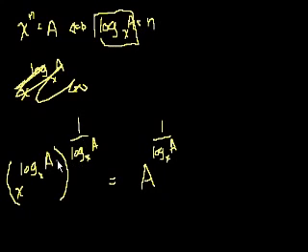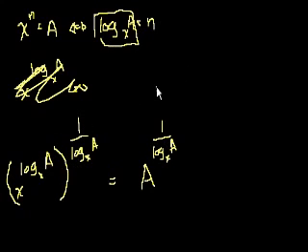If you're raising something to an exponent and then raising that to an exponent, you just multiply the two, so they cancel out.